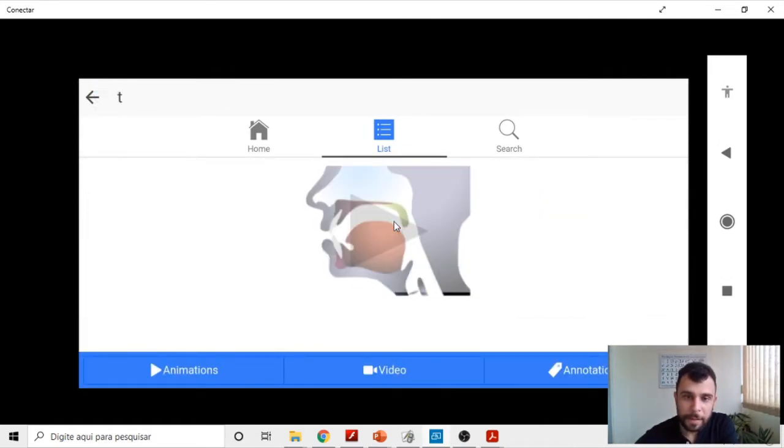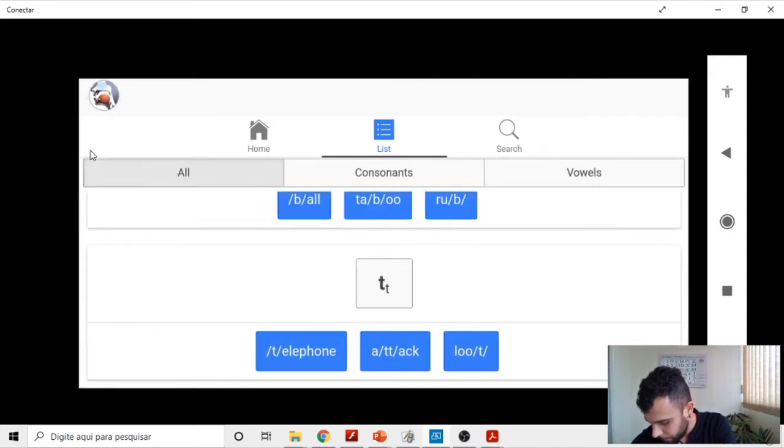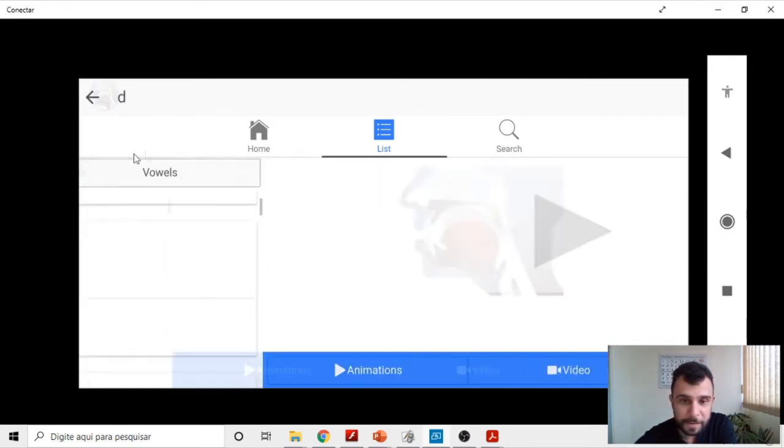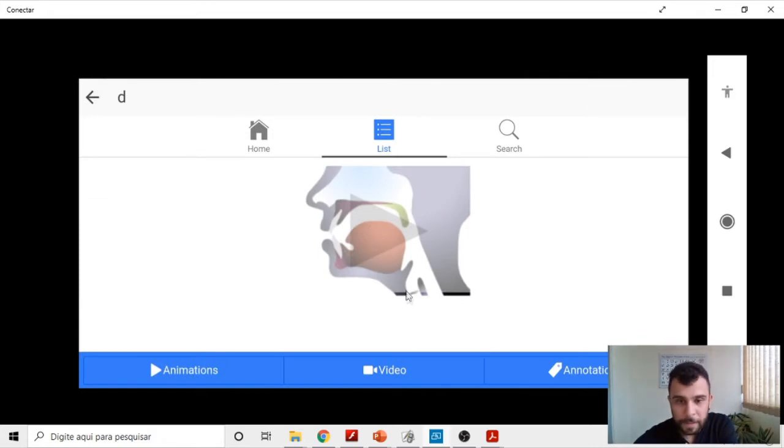Now, let's check this sound here. Ta. Look, the blade of the tongue touches the alveolar ridge. Velum is up. There is no vibration. The only difference in this sound is voicing.